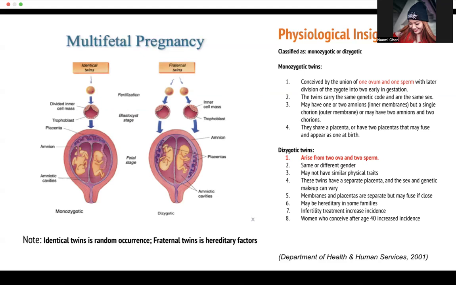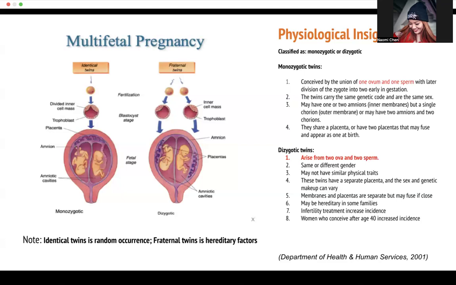The twins carry the same genetic code and are the same sex. They may have 1 or 2 amnions, inner membranes, but a single chorion, outer membrane, or may have 2 amnions and 2 chorions. So amnions and chorions together form the amniotic sac. They share a placenta or have 2 placentas that may fuse and appear as one at birth.